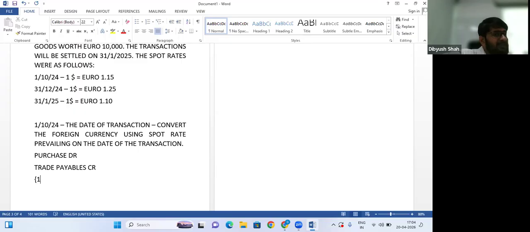This company is an importer. They have imported goods, so they will need to pay. So they need 10,000 euros. And of course, if you can understand, the answer in dollars has to be less because the dollar is more valuable than the euro. So you have to divide.